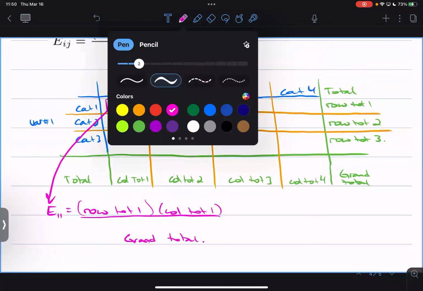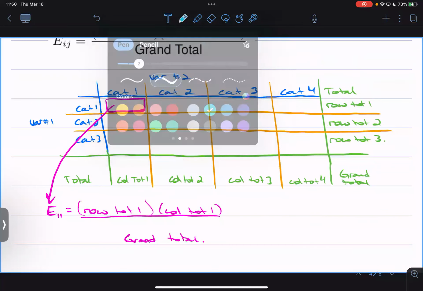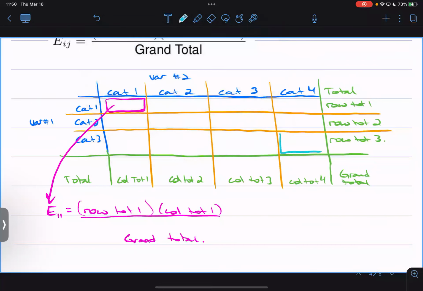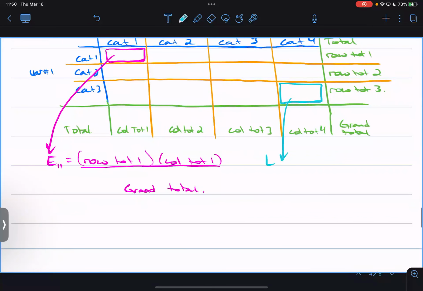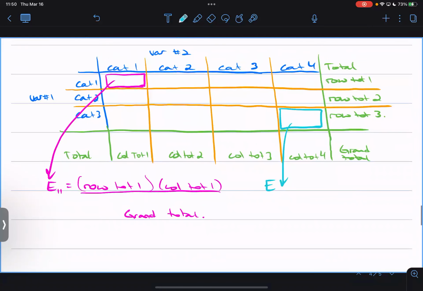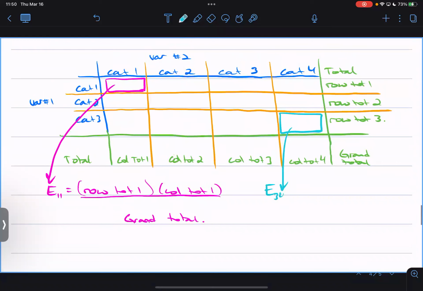Right, if we do this expected in row 3, column 4, you don't have to use the subscripts. You can just do the expected counts in each one.